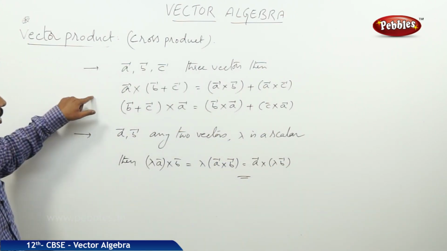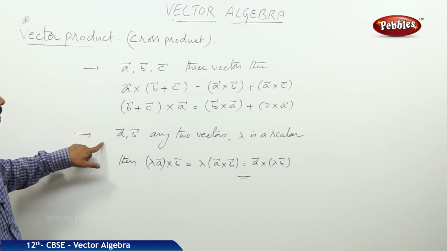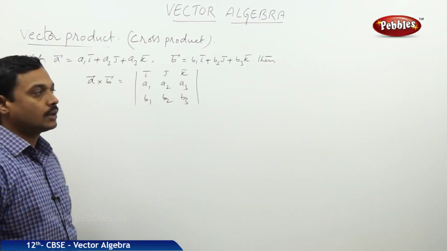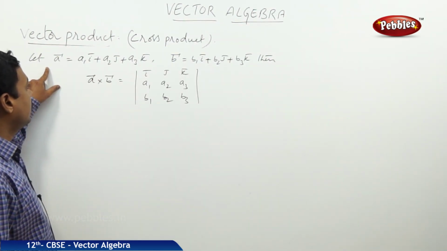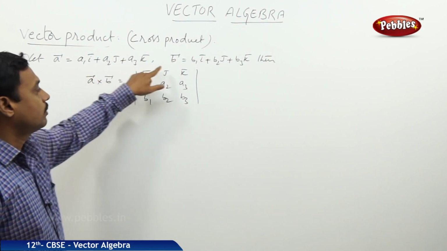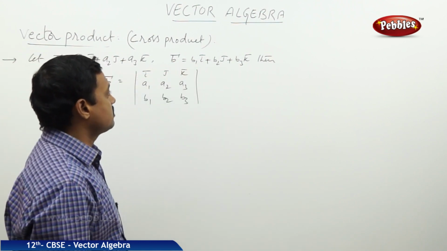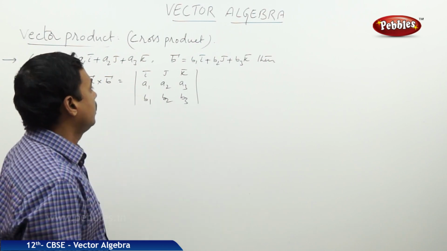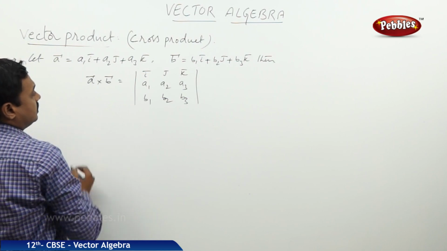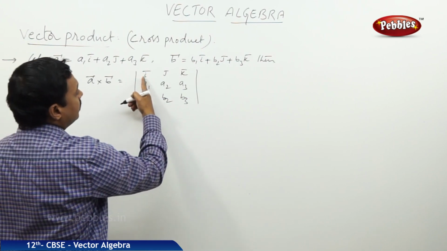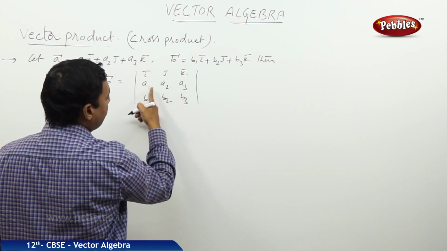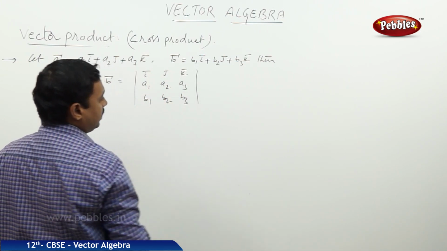Now these are the two important properties defined on the cross product of the vectors. Suppose A bar is A1 i plus A2 j plus A3 k, and B bar is B1 i plus B2 j plus B3 k. Then the cross product A cross B is given by the determinant of i, j, k, A1, A2, A3, B1, B2, B3.